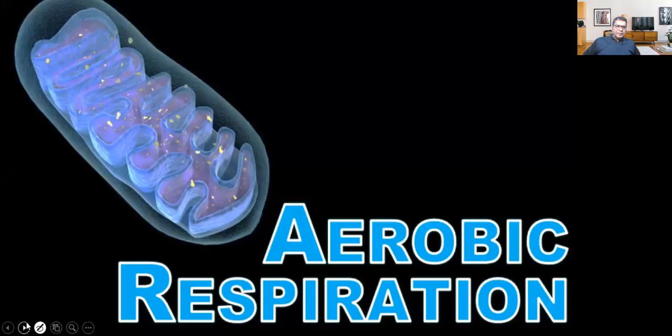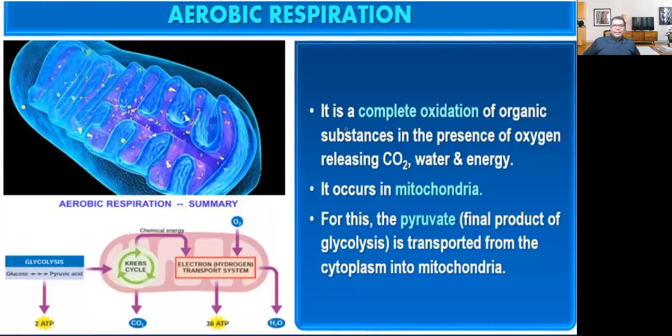Now aerobic respiration. It is a complete oxidation of organic substance in the presence of oxygen, releasing carbon dioxide, water and energy. It occurs in mitochondria. For this, the pyruvic acid, or pyruvate, the final product of glycolysis, is transported from the cytoplasm into mitochondria.